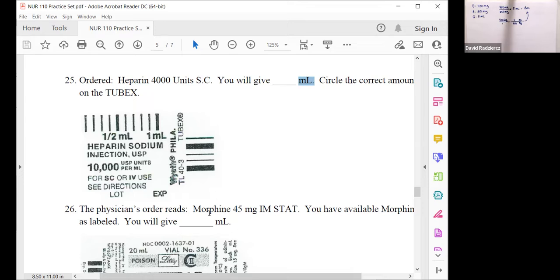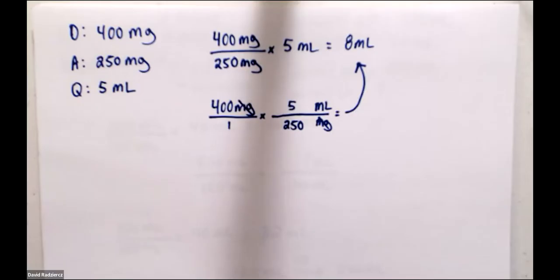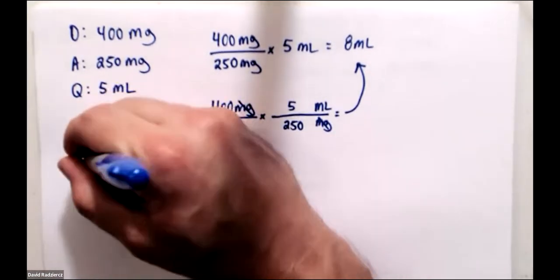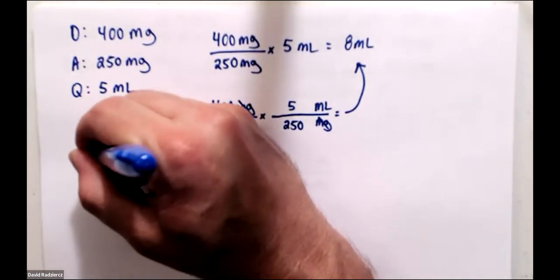You're injecting a liquid. Now, this tells us to mark the Tubex. I think you're going to be marking syringes more so on your test than the Tubex, but I'll show you how to mark this as well as how to mark the syringe. So my order for this is the 4,000 units.